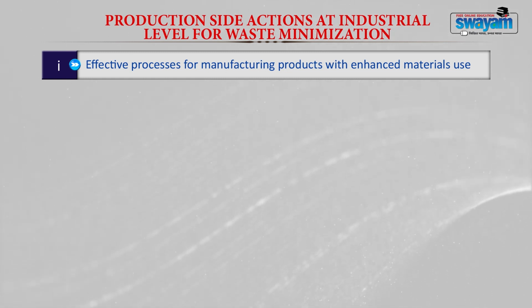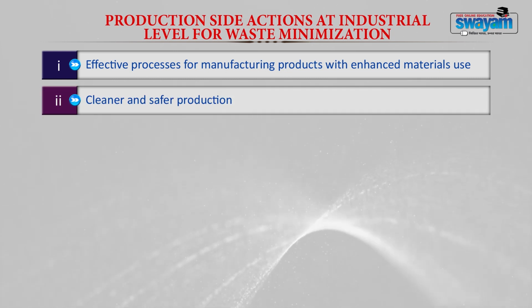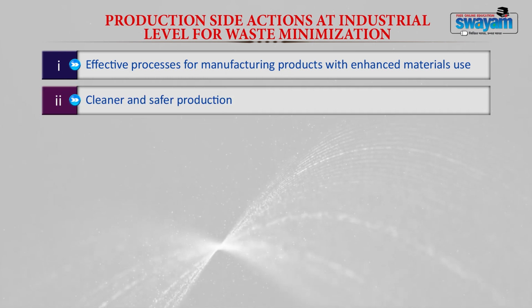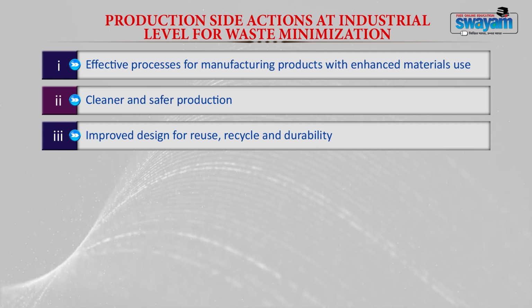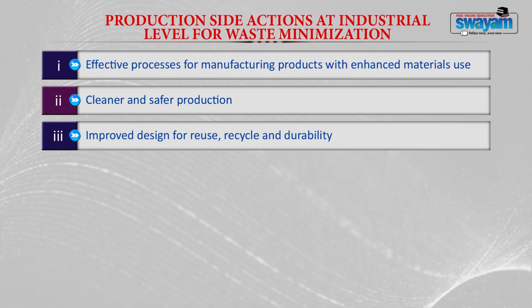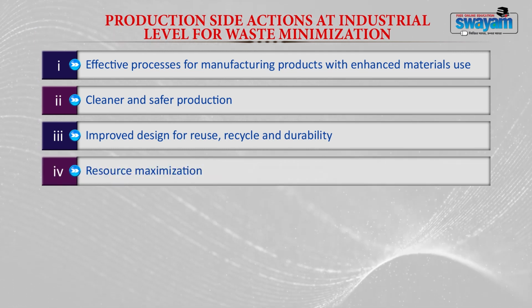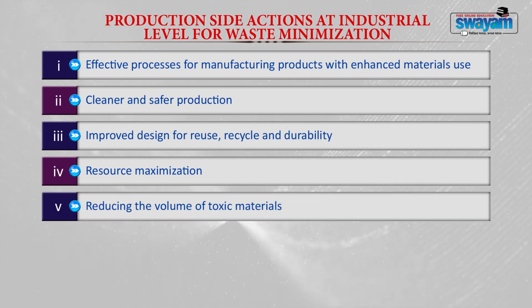This is again nothing but better atom economy. Second is cleaner and safer production. Third is improved design of the machinery for reuse, recycle and durability. Fourth approach can be resource maximization. Fifth approach can be reducing the volume of toxic materials that are generated during the production.